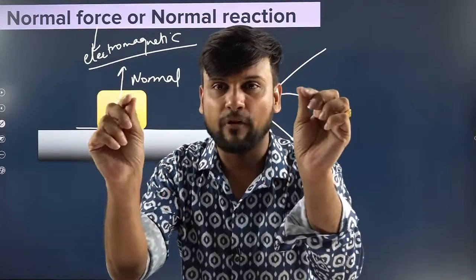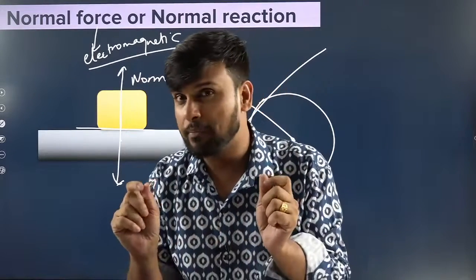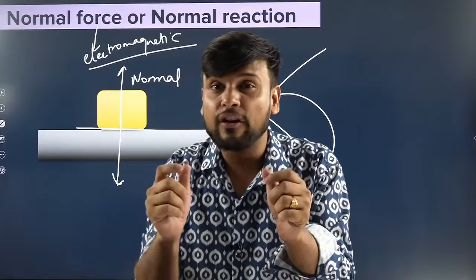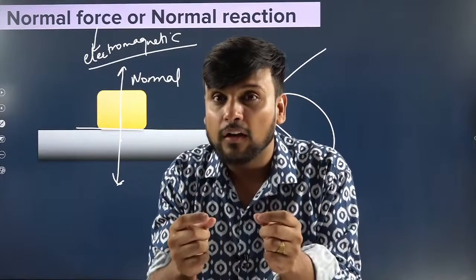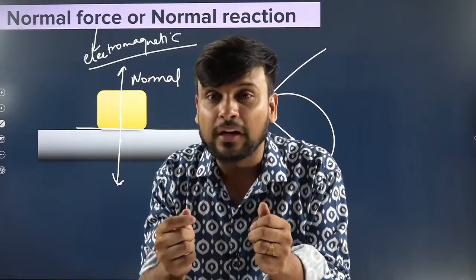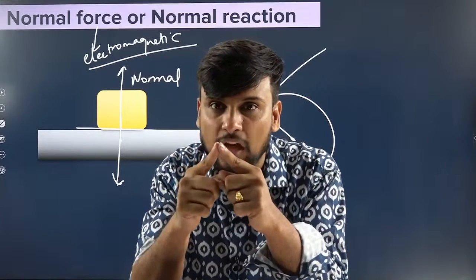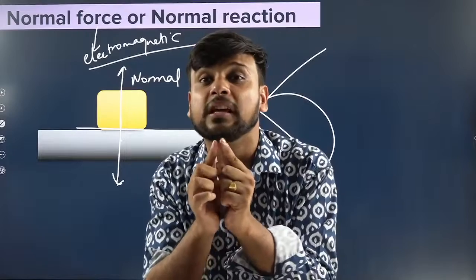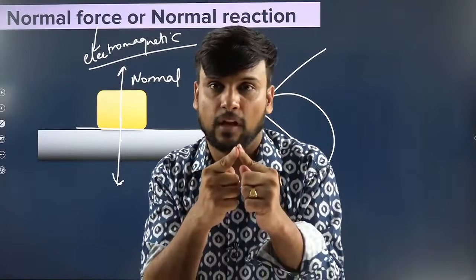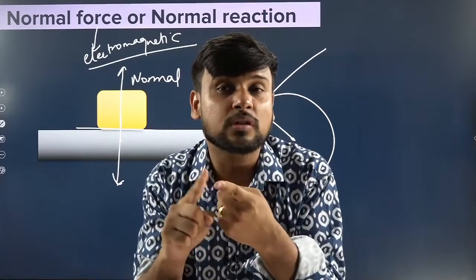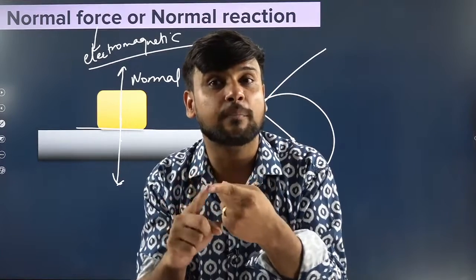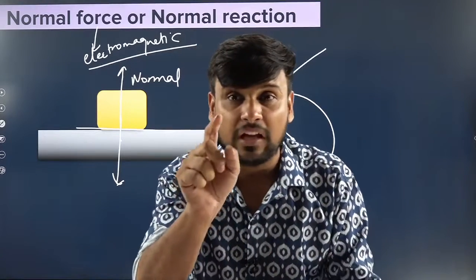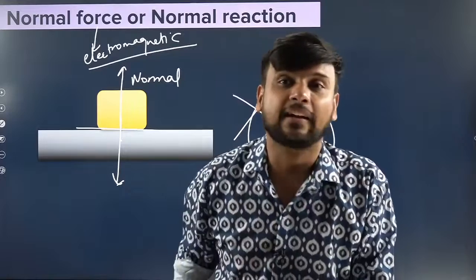Our body is made up of atoms, right? Every atom has protons, electrons, a nucleus. So when you touch them, there is some type of attraction or repulsion between the layers of the atoms. It means this force is because of the attraction or repulsion between the electrons and protons of the atoms.